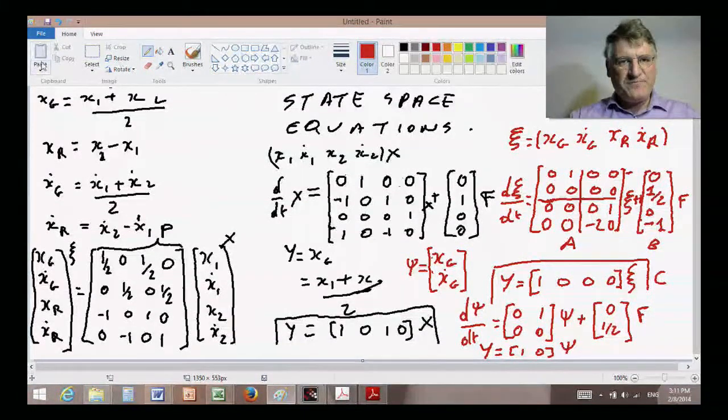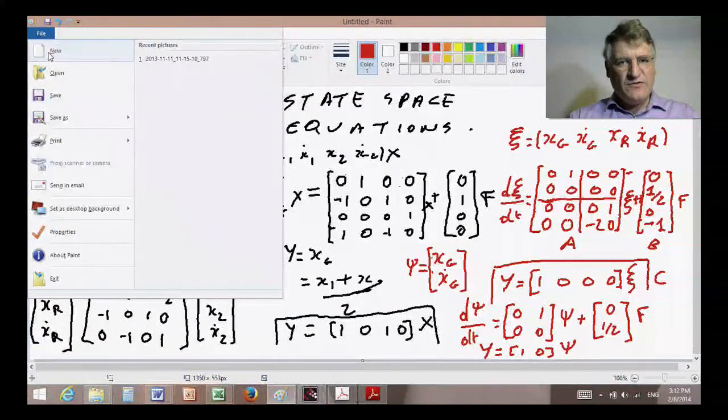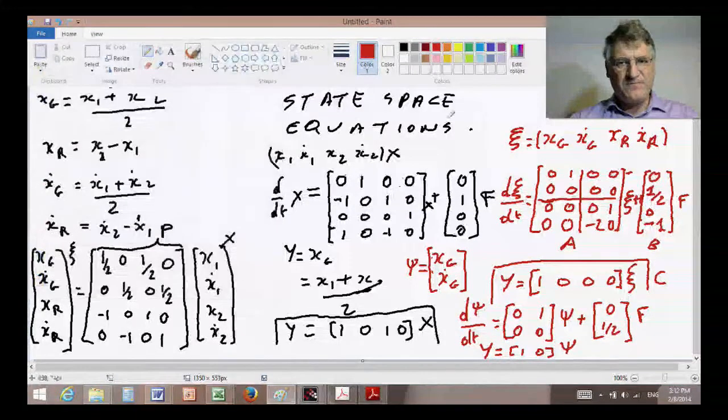I need to make room somehow. I will clear out this area because most of it we remember.